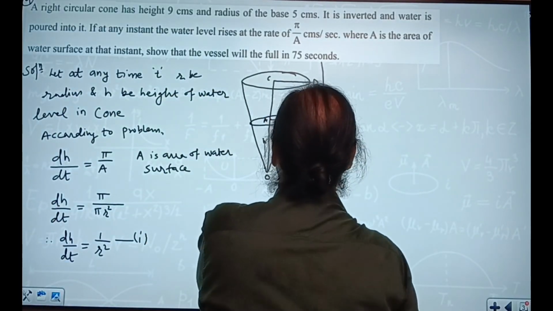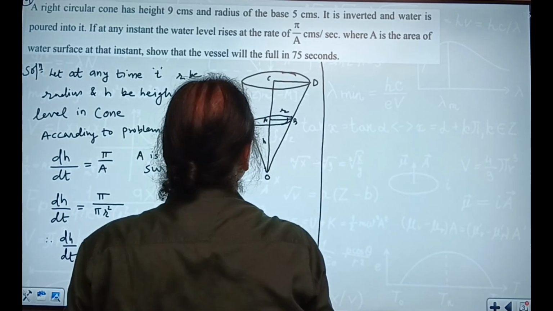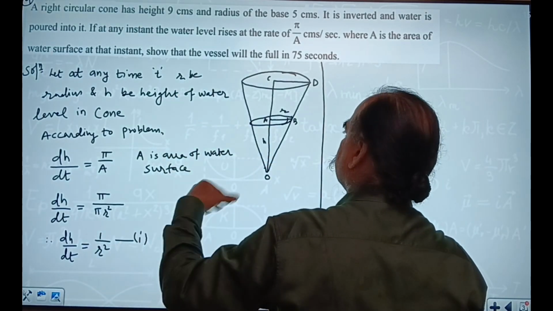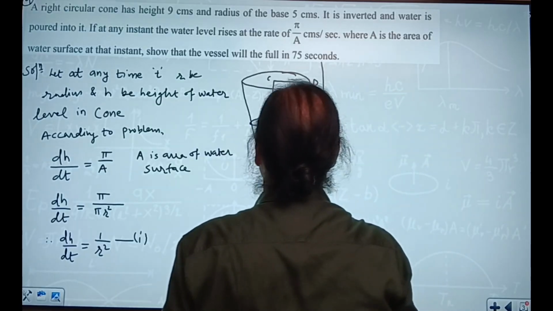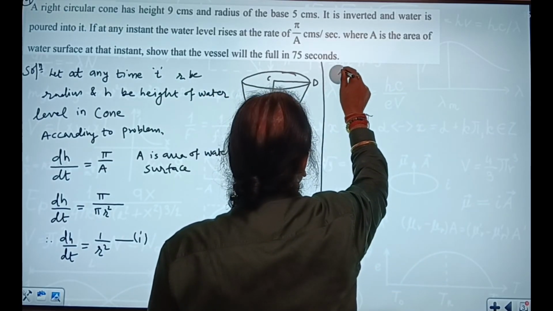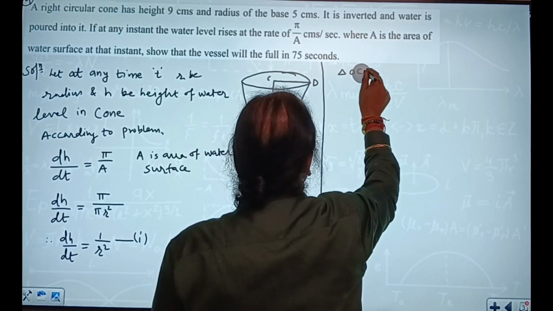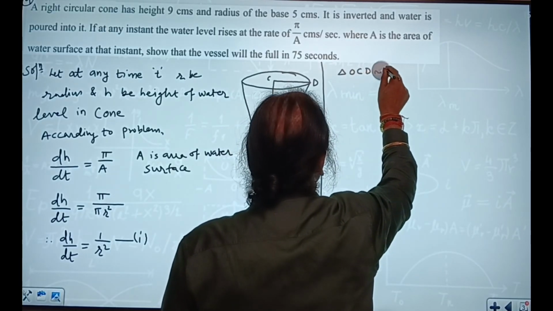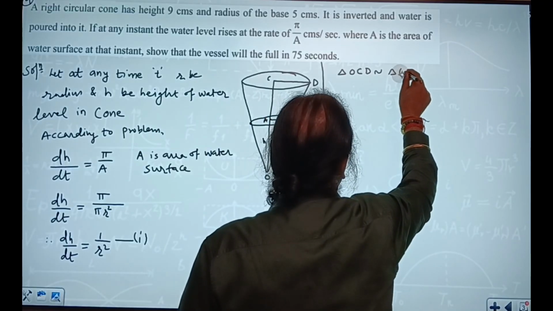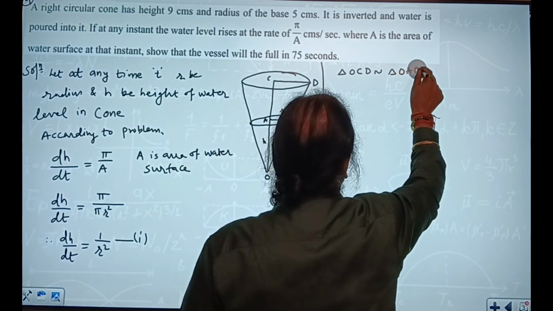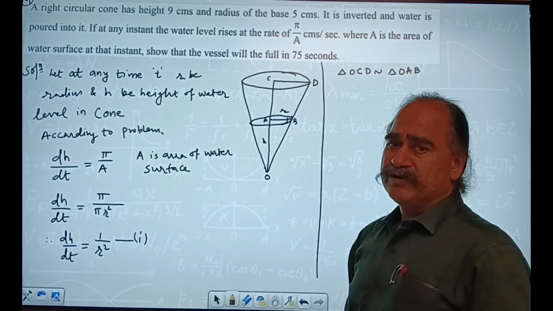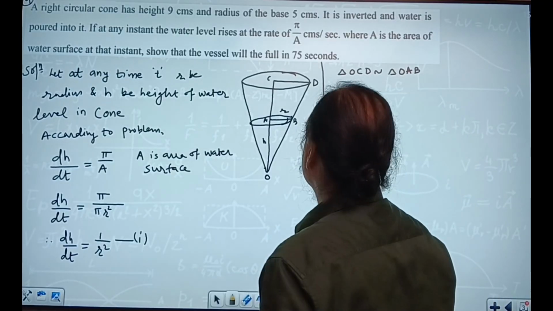Our aim is to find the relation between r and h so that we can remove this r in terms of h. Triangle OCD is similar to triangle OAB. When two triangles are similar, their corresponding sides are in equal proportion.